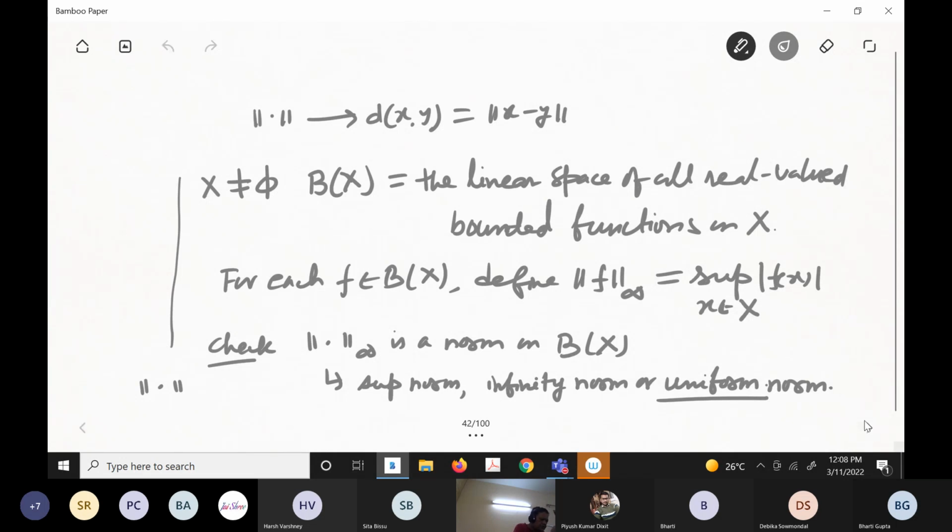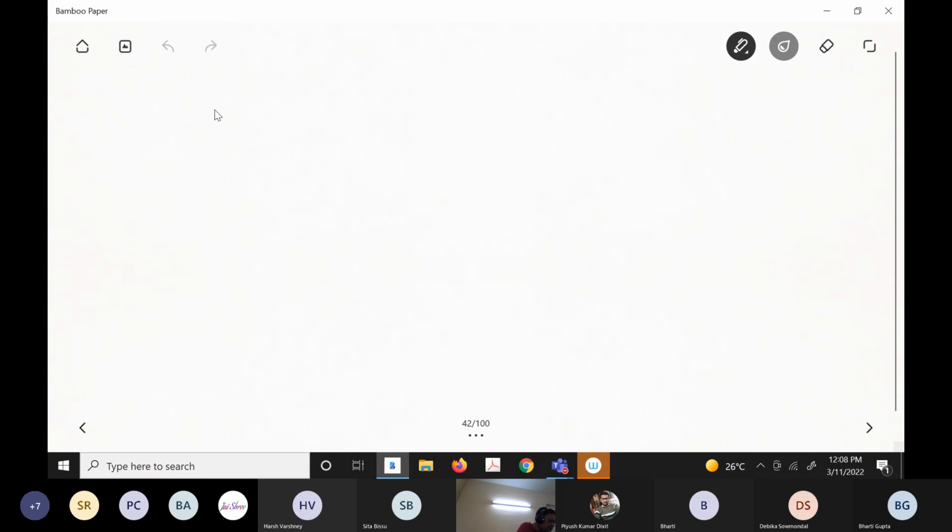Now suppose X is a topological space, with some topology you can take.